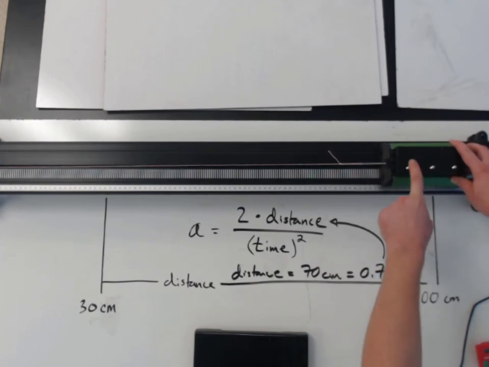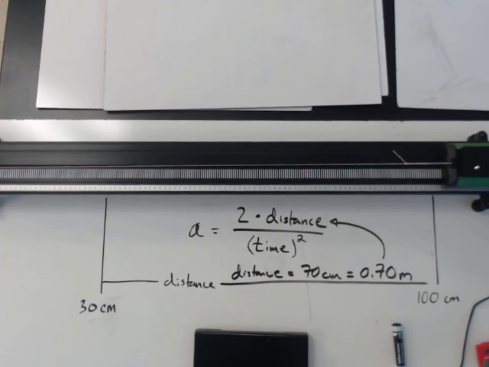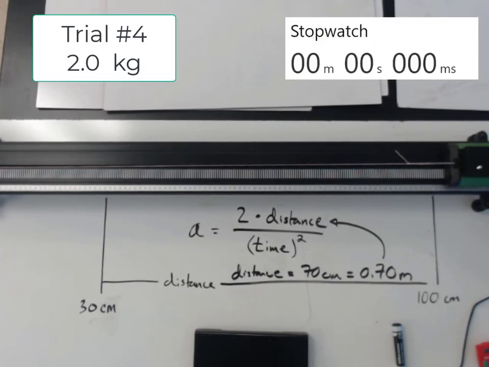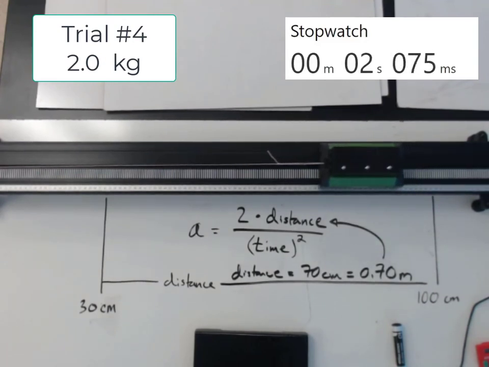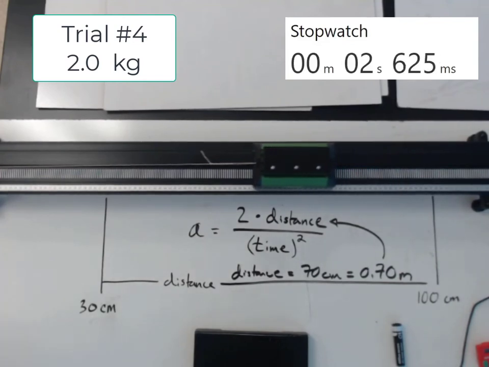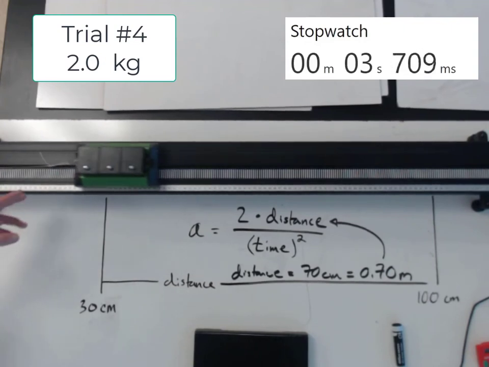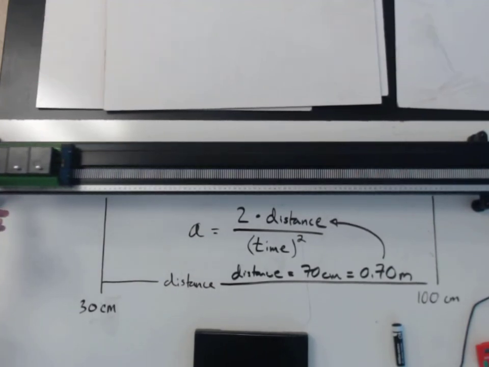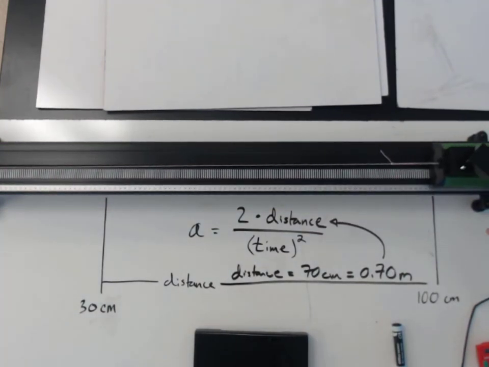So that's 0.5, 1, 1.5, 2.0 kilograms is now what we're accelerating. And here's our final trial with 2.5 kilograms.